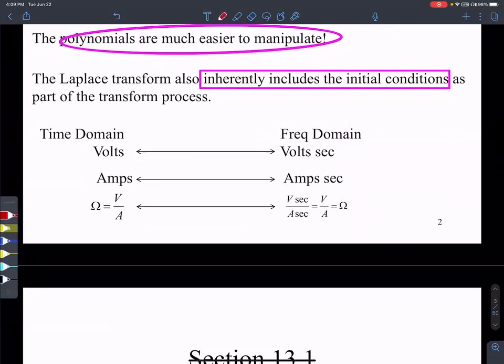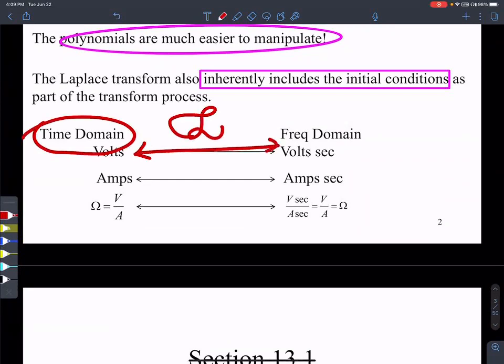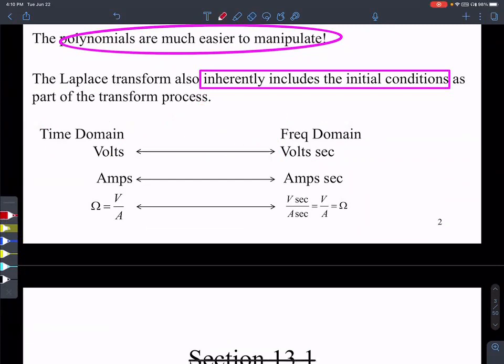So essentially, when you're doing a Laplace transform, you're converting from the time domain to the frequency domain.